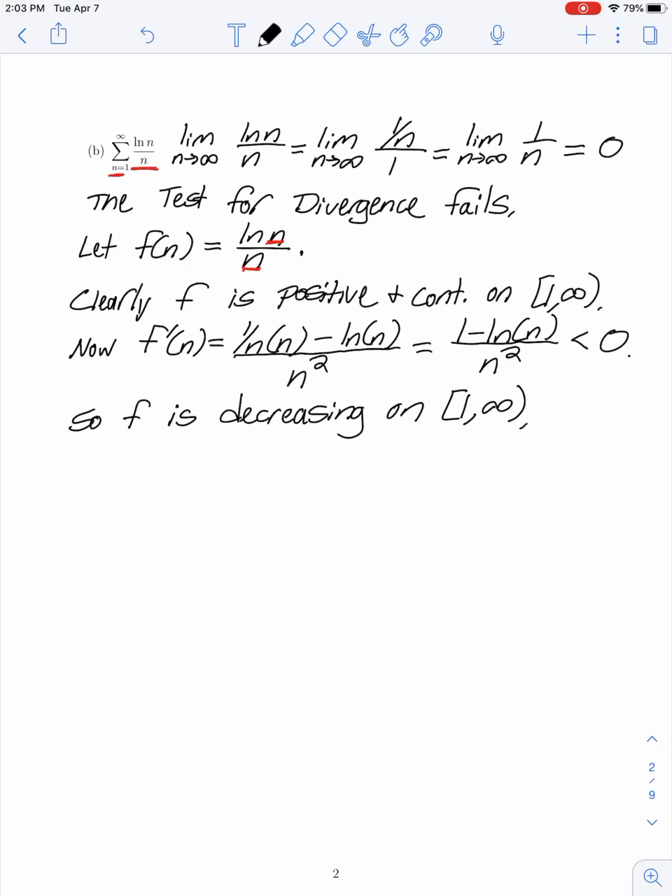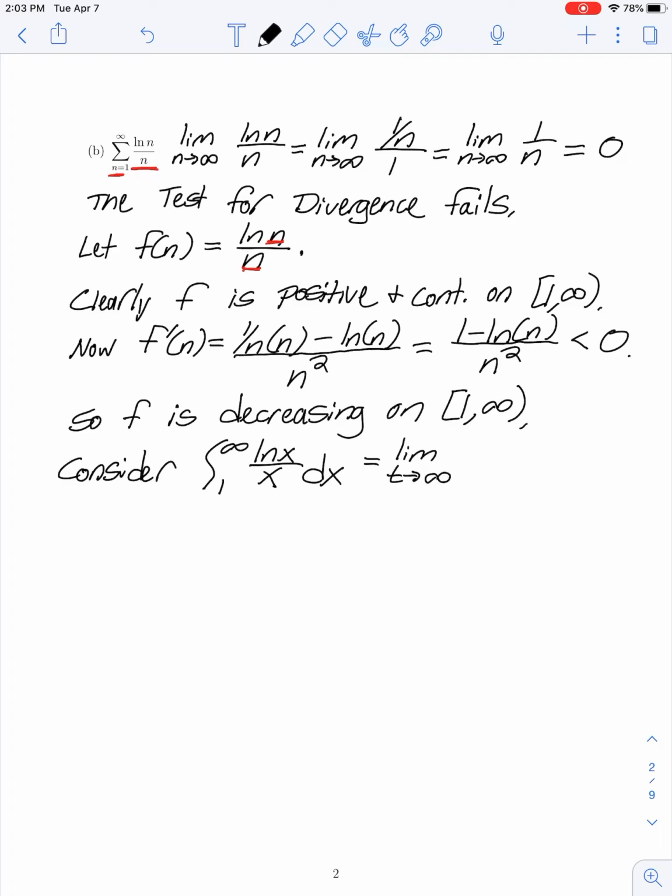So we've established that our function is positive, continuous, and decreasing. Now, to apply the integral test, we're supposed to consider the improper integral of our function over the interval of interest. In this case, from 1 to infinity, we're looking at log x divided by x dx. And to evaluate an improper integral, we have to think about it in terms of a limit.